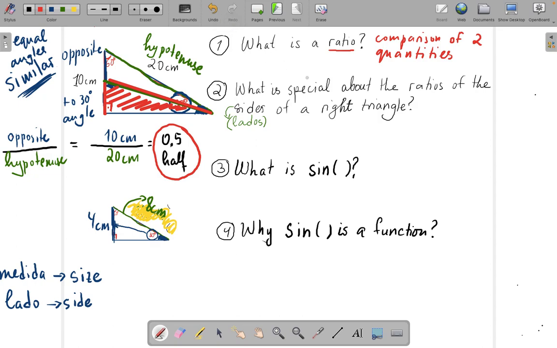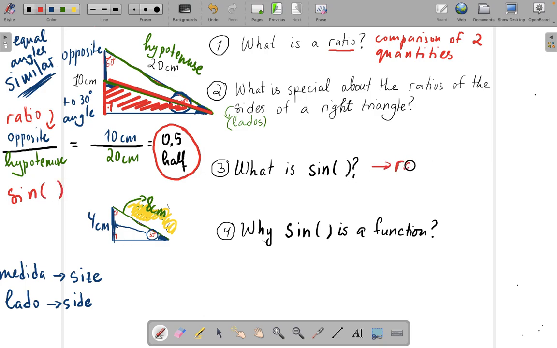Now, this type of ratio, este tipo de ratio, okay, this ratio here, tiene un nombre. This ratio se llama sine. Okay, se llama sine. So, what is sine?